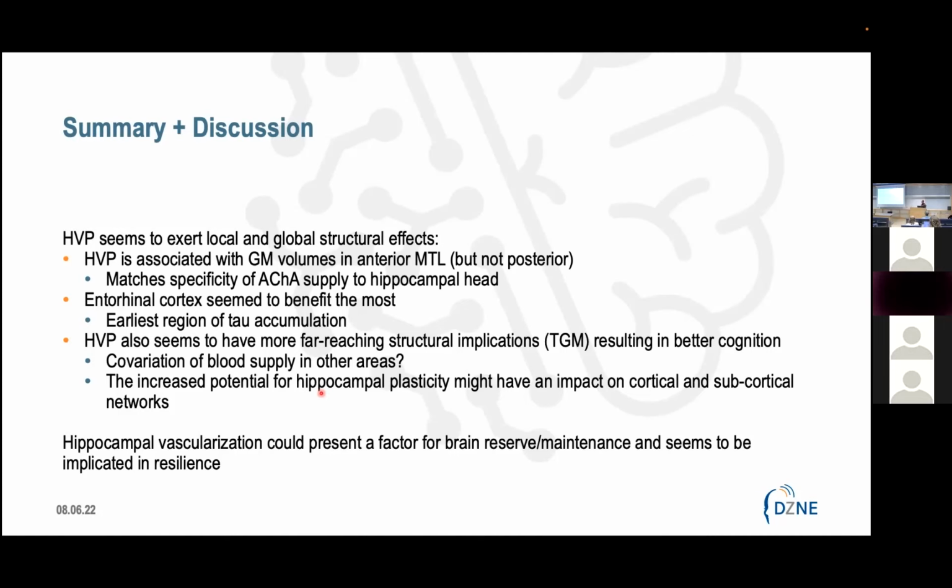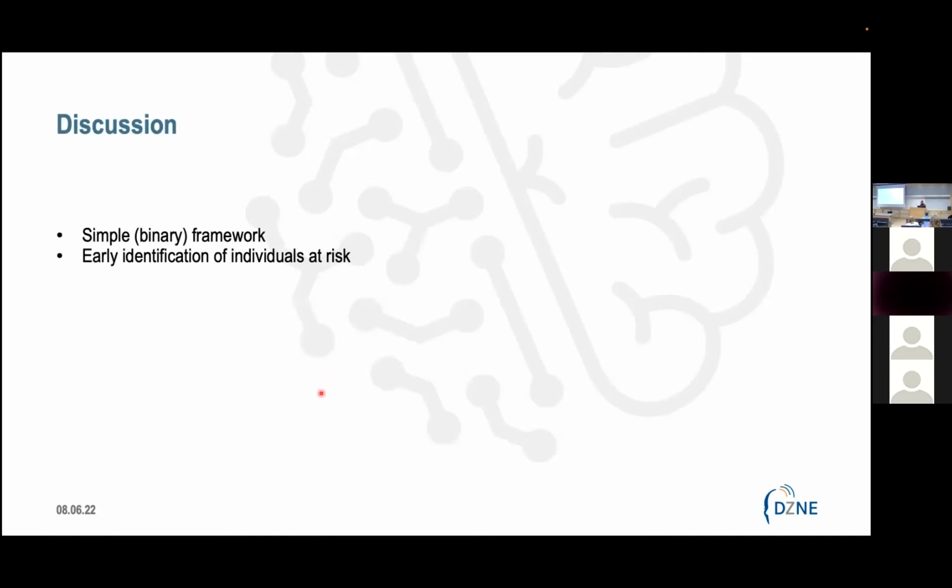Overall, the hippocampal vascularization pattern, or just general hippocampal vascularization, could present a factor for brain reserve or brain maintenance. With this study being cross-sectional, we unfortunately cannot disentangle those two. And it also seems to be implicated in resilience.